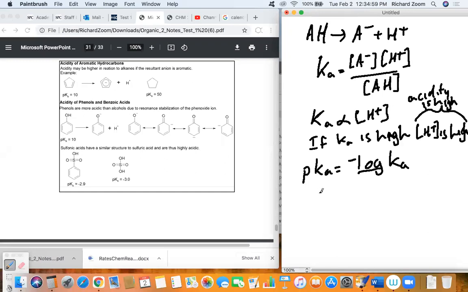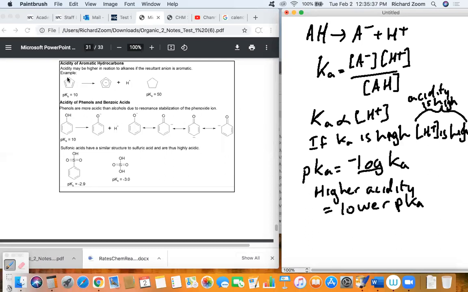What we can say is that higher acidity means lower pKa. So that's what the little p means. It means take the negative log of the Ka. So higher acidity equals lower pKa. That's what we have to aim for here. Does anybody have any questions?